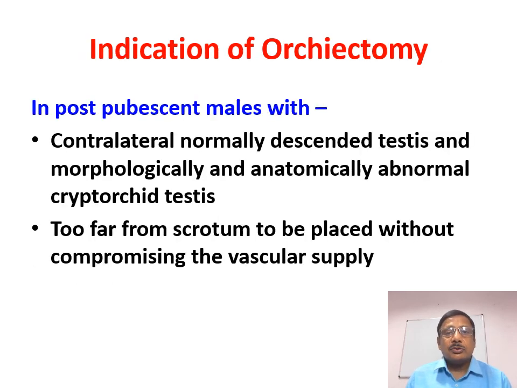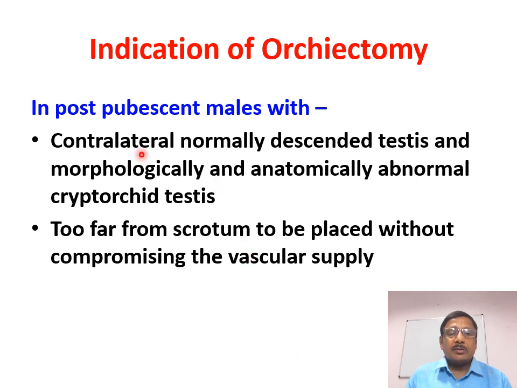Now the question comes, is there any scope of orchiectomy? Do we go for orchiectomy? Yes, orchiectomy is indicated when the patient delays or ignores the undescent up to puberty and comes to you in the post-pubescent stage.